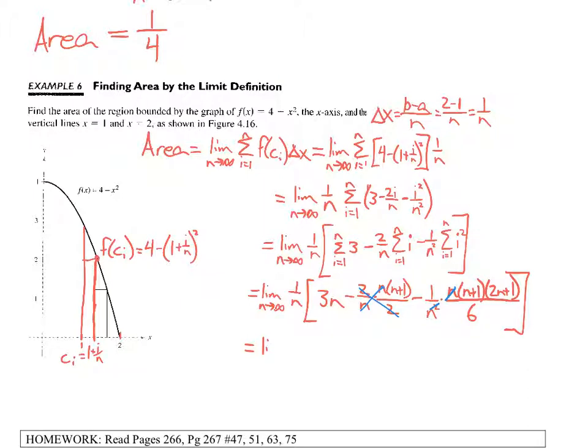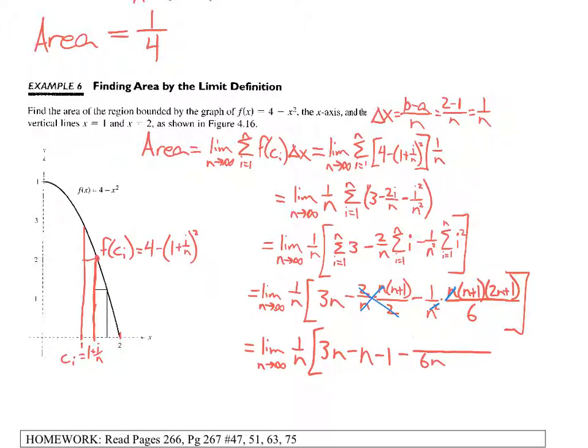Limit as n approaches infinity of 1 over n, bracket 3n minus n minus 1. And this is going to be a minus, there's going to be a 6n on the bottom.